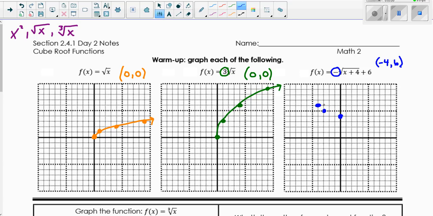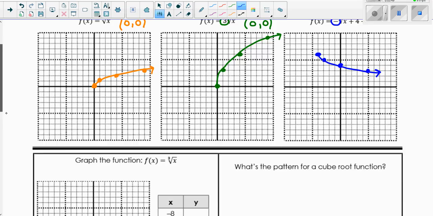And then I move right 9, square root of that is 3, so I go down 3. And then I go right 16, but that's not going to fit, so then this is my function. Okay, my first function was only increasing, my second function was only increasing, and my last function is only decreasing since I reflected it. Alright, so that's review of your square root functions.